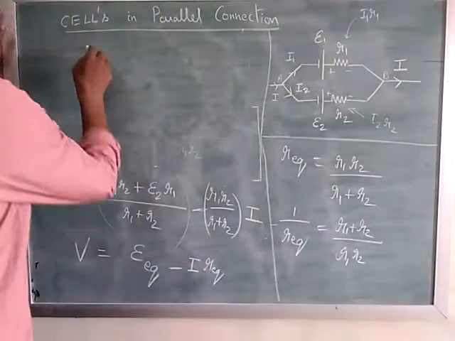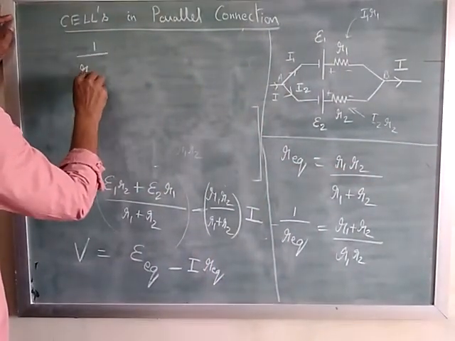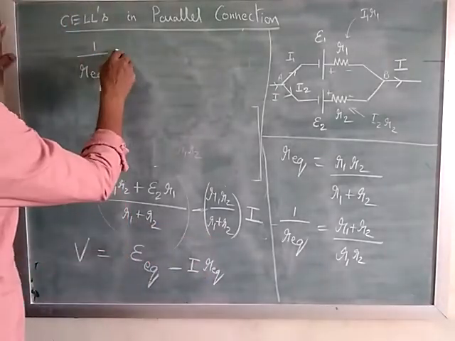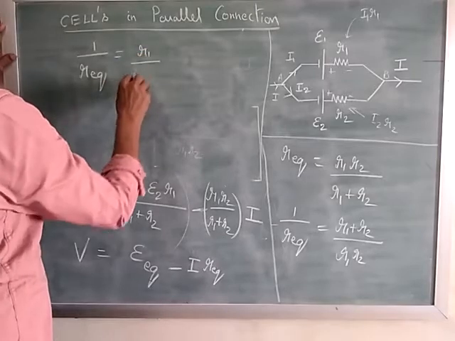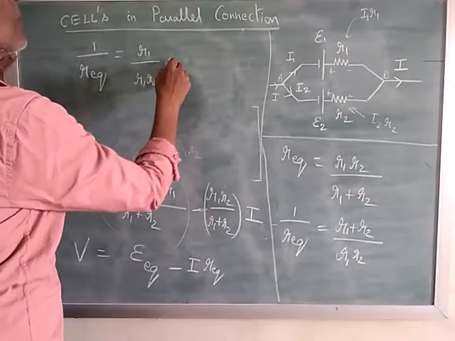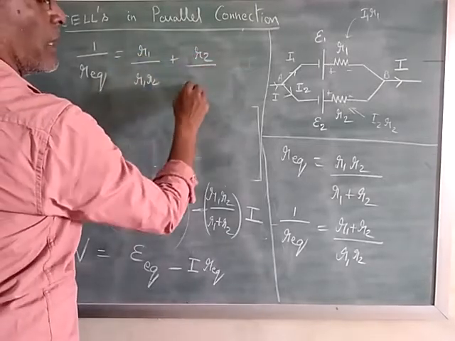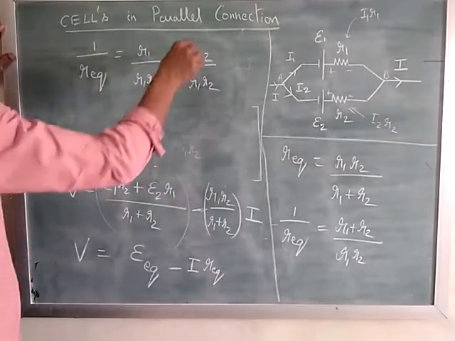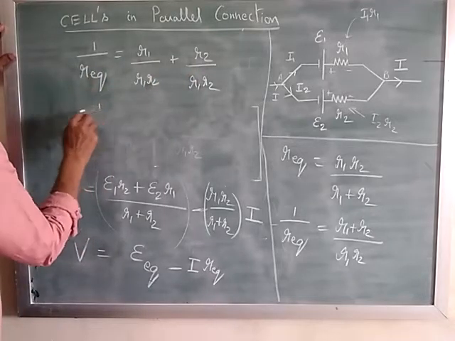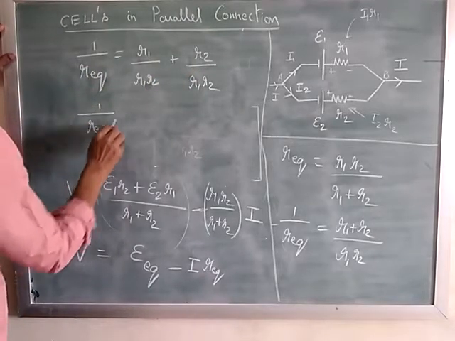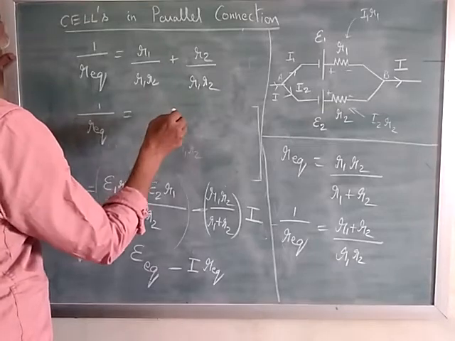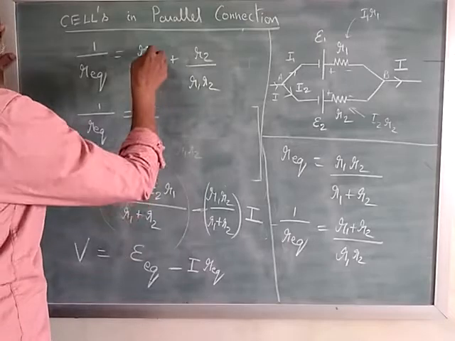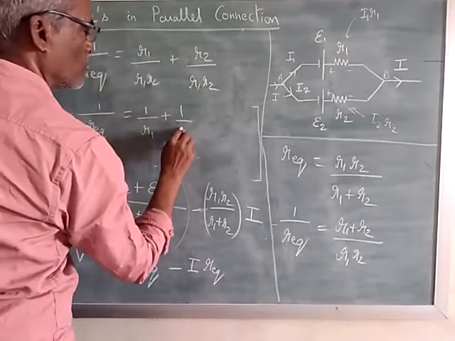Now this can be written as 1 by R equivalent is equal to R1 by R1 R2 plus R2 by R1 R2. So here R1 gets cancelled, here R2 gets cancelled. So 1 by R equivalent is equal to 1 by R1 plus 1 by R2.